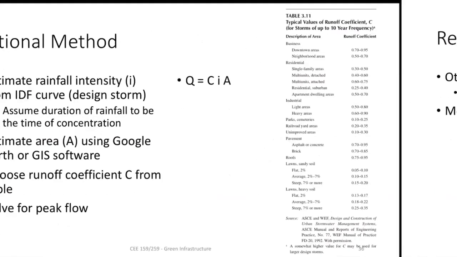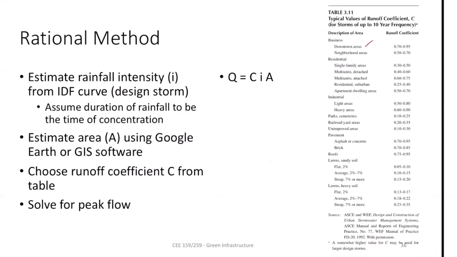So as you see, for a business area or downtown area, the C value is 0.70 to 0.95. That means 95% of all rainfall becomes runoff. That's the highest. As you go to residential areas, it decreases. For a single family residential area, the runoff coefficient is 30 to 50%. What that means is you expect there will be lawns and trees and other things that will capture that runoff.